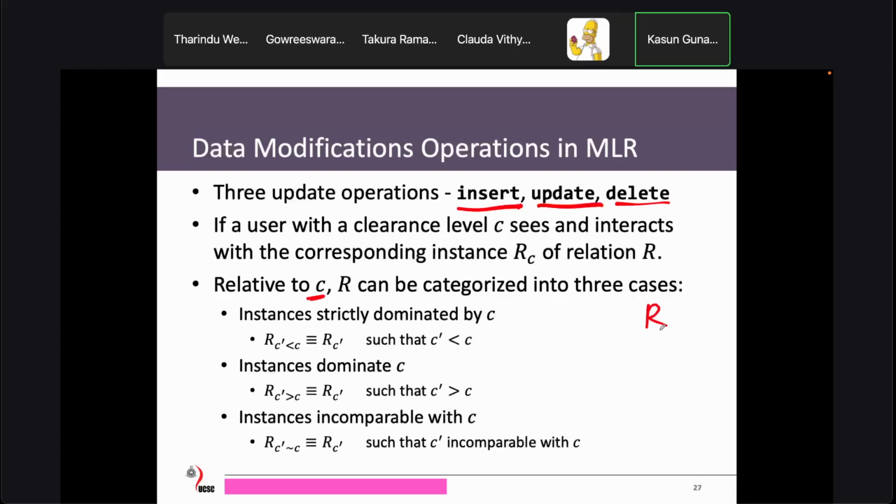So with respect to classification level C, there can be three cases that we can classify as instances. One is C dash, where C dash is inferior to C, lower than C, right? And we can also take C double dash, such that C double dash is superior to C, right?